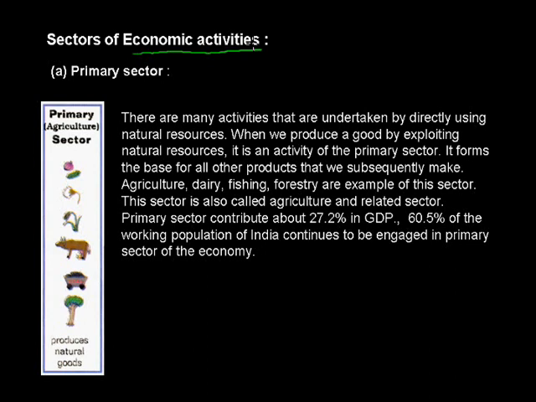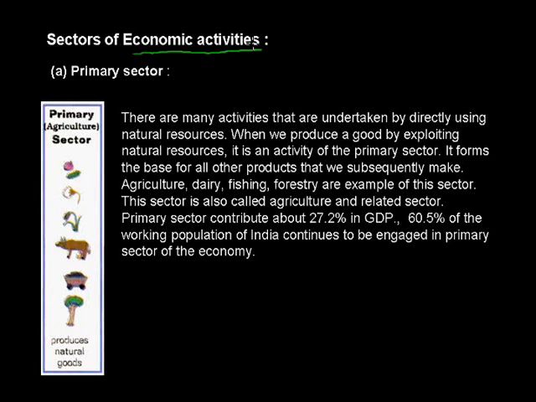So economic activities are also those activities which are going to give you something in return. It can be remuneration in the form of material, like you can be given food for the work you have done. You can be provided with services for the work you have done. You can be provided with money for the services you have done, and so on.